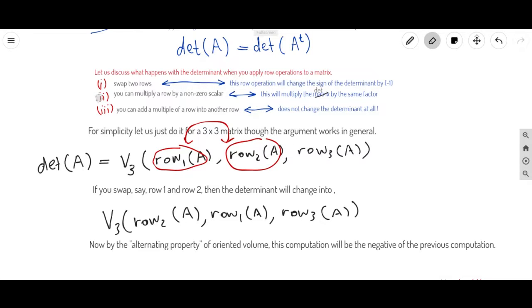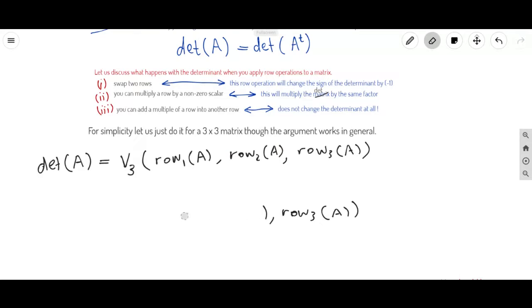Okay, now let's explain property number 2. Why does property number 2 work? Well, the reason is if you take a row and multiply it by a constant, so let's suppose we multiply the second row of the matrix by a constant.